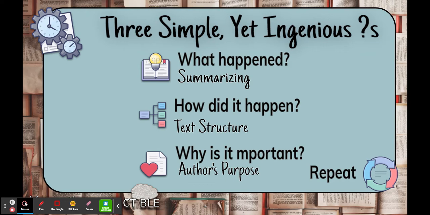They're focusing on summarizing. How did it happen? They might be focusing on text structure or word choice, vocabulary type stuff. And why is it important? So what was the author's purpose for the text? What did you get out of it? Repeat, repeat, repeat. They will get so good at it.